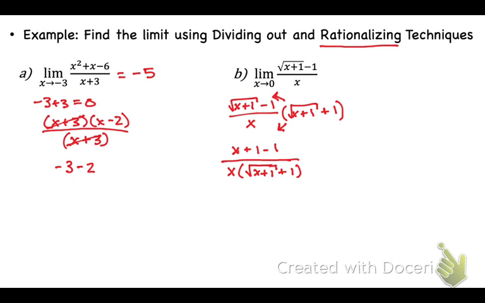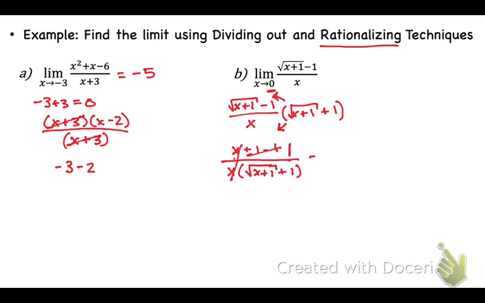Okay, so now let's substitute in what? 0. So I get 0 plus 1 minus 1 over... Oh, wait a second. I messed that up. Sorry. This is 0, yes? What can I do with this x and this x now? Reduce it to 1.